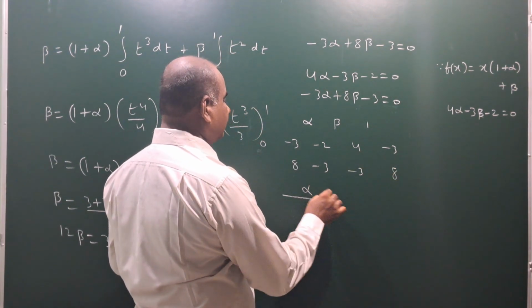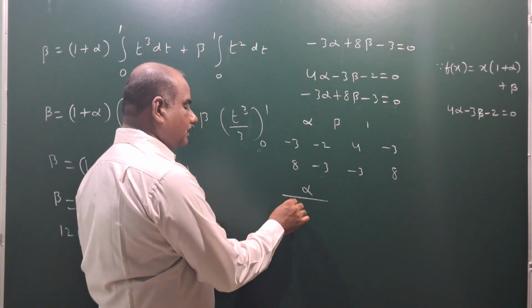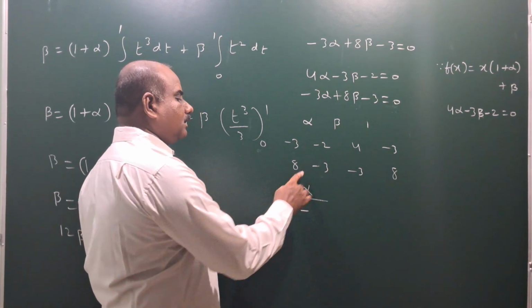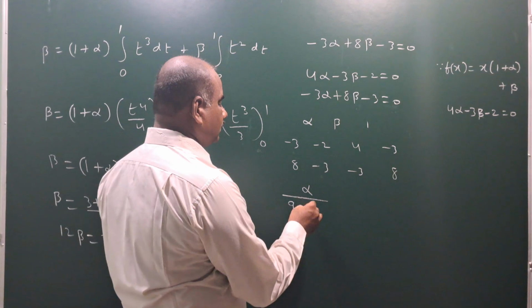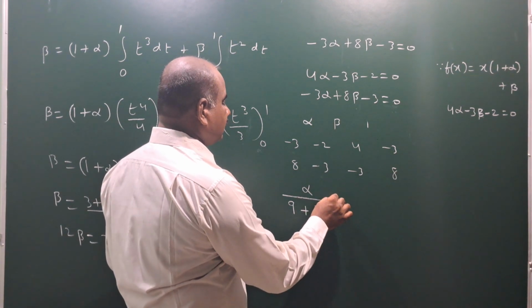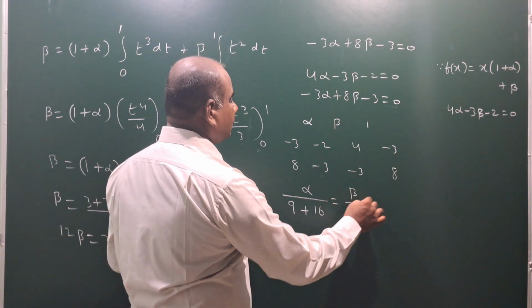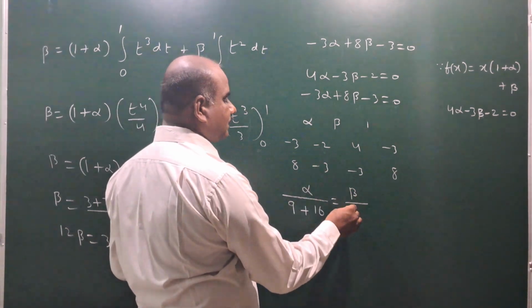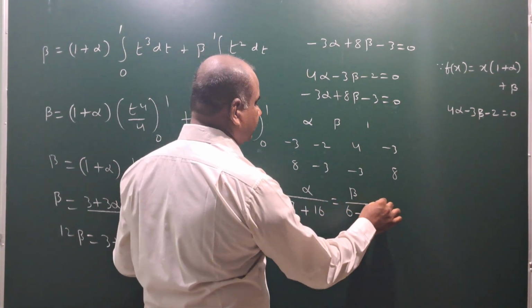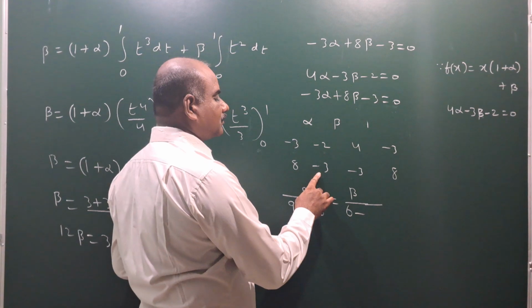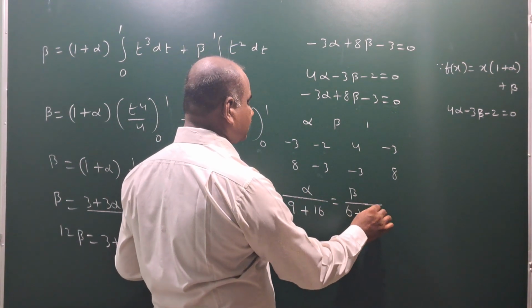So alpha by minus 3 into minus 3 is 9, by the formula minus, 8 into minus 2 is minus 16. Minus into minus is plus 16. Beta by minus 2 into minus 3 is plus 6, by the formula minus 4 into minus 3 is minus 12. Minus into minus is plus 12.